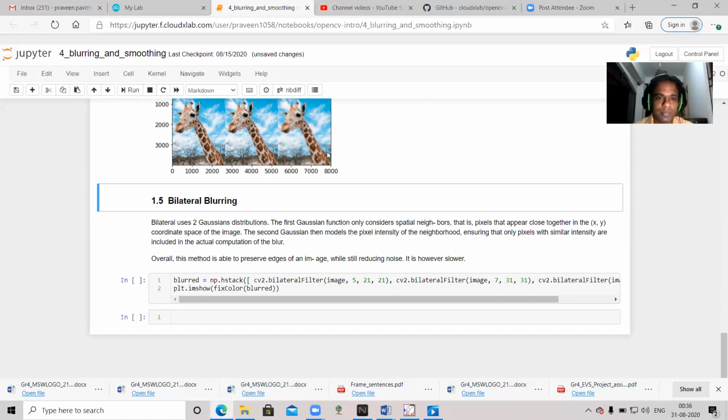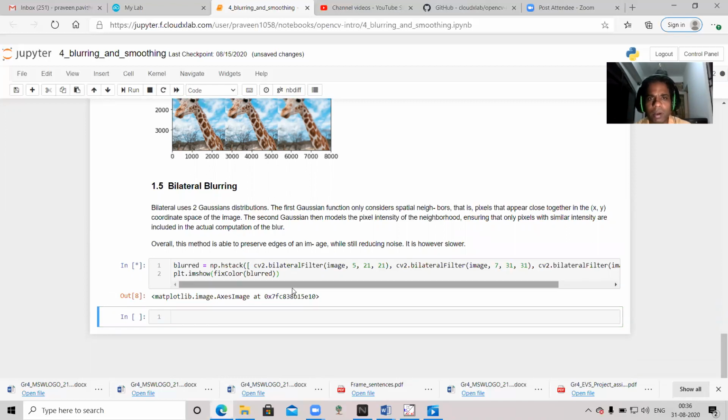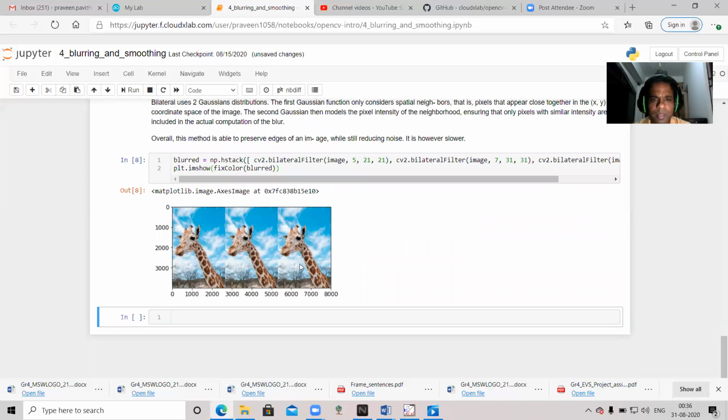It turns out that it does a very good job of reducing noise and keeping edges. It's just a little slower, obviously, because the process takes almost twice as long. We're running two filters.